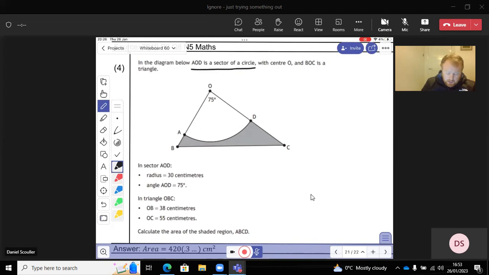That means the radius, 30 centimetres, is the distance O to D. So we've got the radius of the circle, and we've got the angle that we need. We want to find the area of that sector.